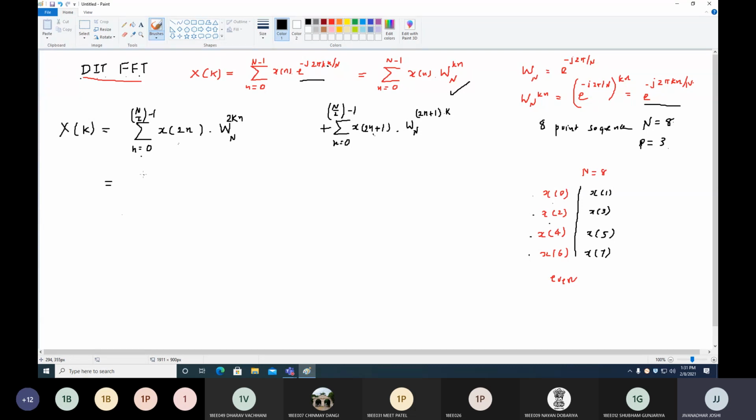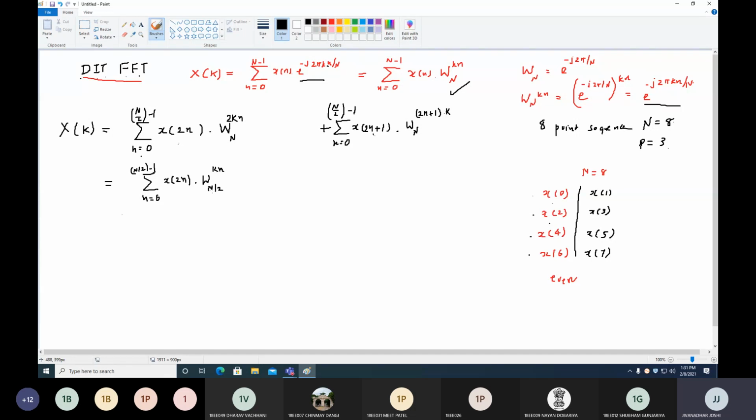So now this can be written as summation n equal to 0 to N by 2 minus 1 x of 2n into W_N by 2 raised to kn. Just wait for a while, I am going to prove this, right? These two can be taken below with n.